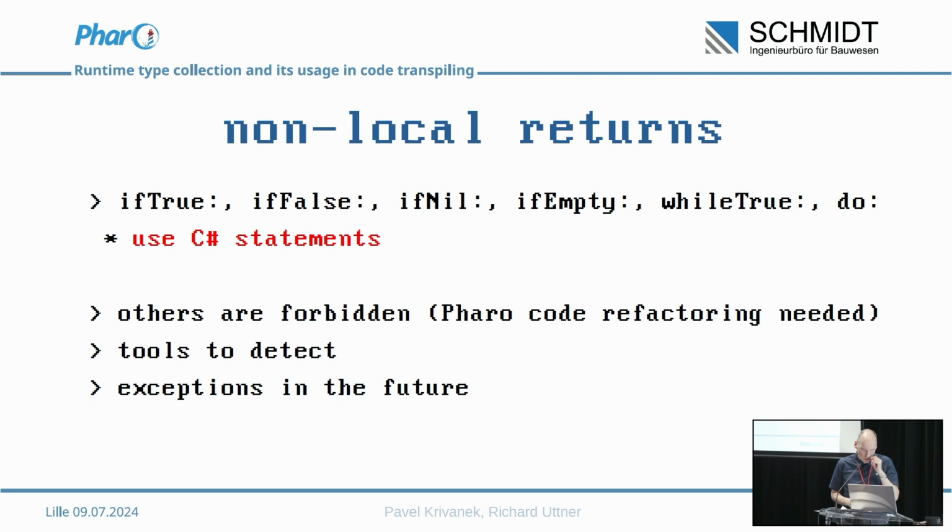In future, we probably will add a much slower option to actually raise an exception, and then the method itself can behave like a non-local return. We have some tools to detect such cases that the programmer needs to refactor to be able to actually translate such a method.